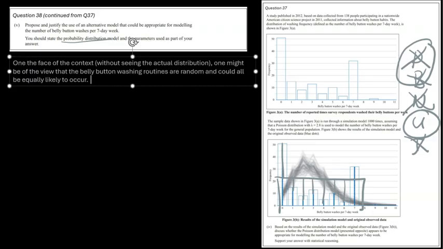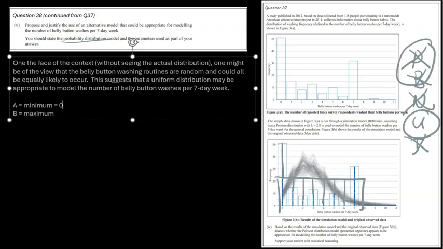So this suggests that a uniform distribution may be appropriate to model the number of belly button washes per 7-day week.